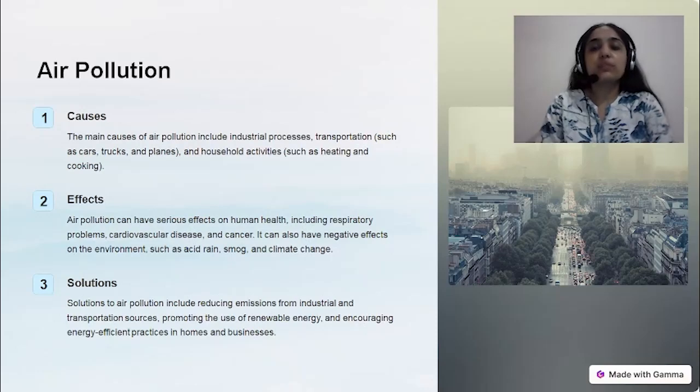There is no need to use any vehicle for a small distance, as vehicles release more and more harmful gases into the environment. Promoting the use of renewable energy and increasing energy efficient practices in homes and businesses.